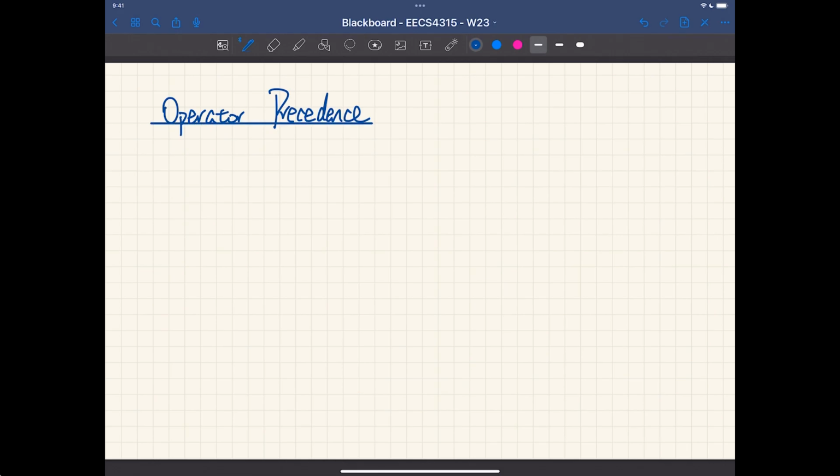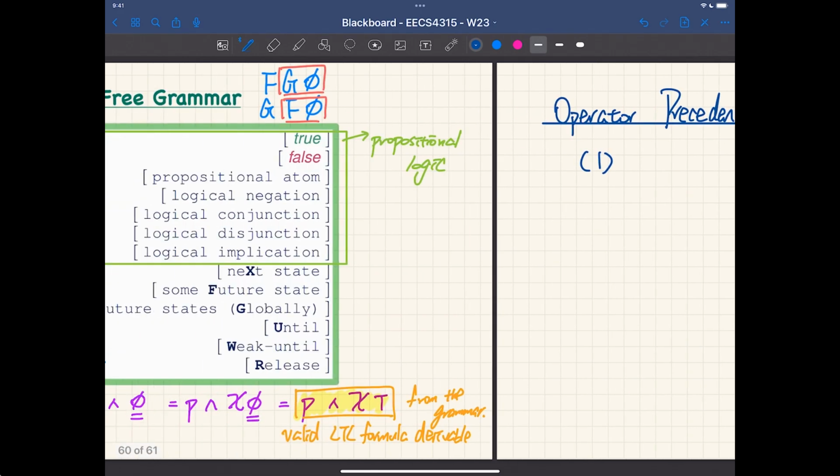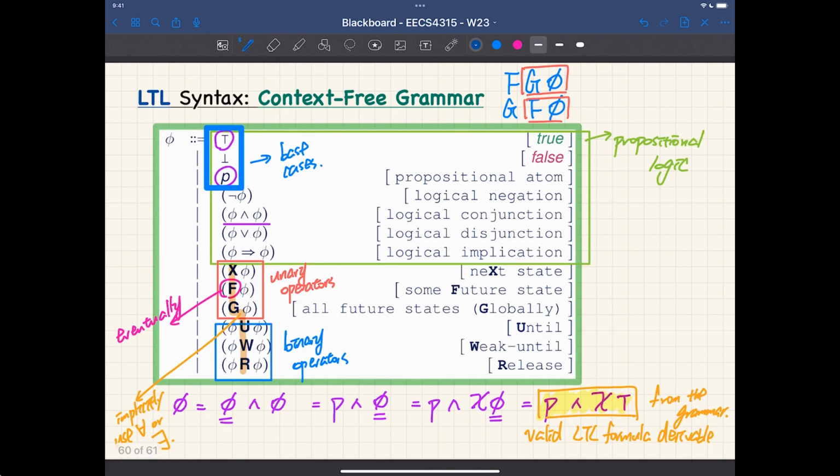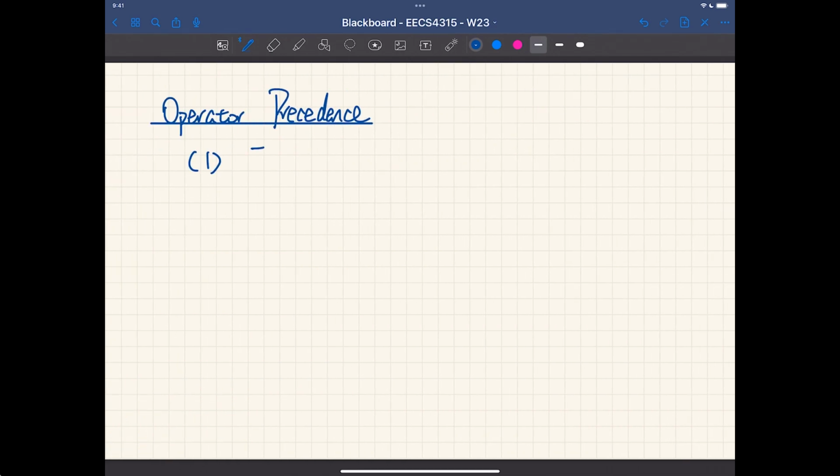For example, let me choose the future operator, F, with phi 1 implies phi 2, just for the sake of showing you syntax. Now, how are you supposed to understand it?